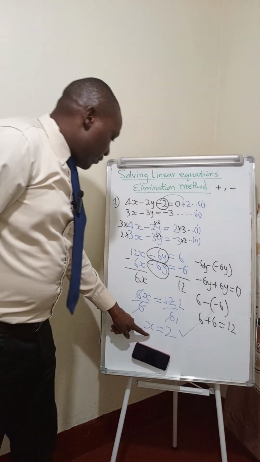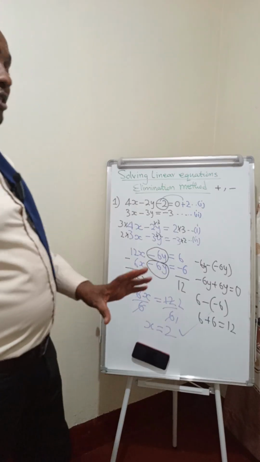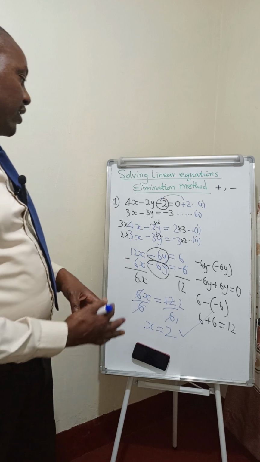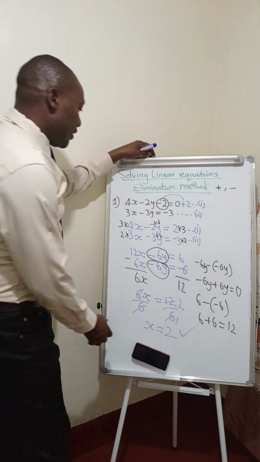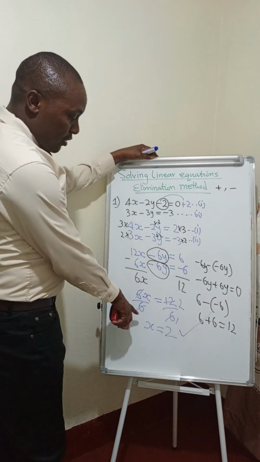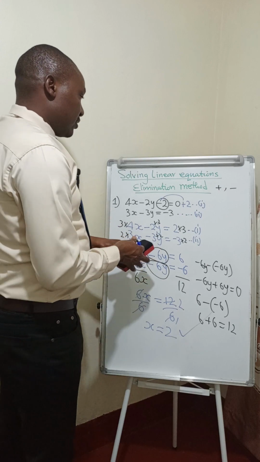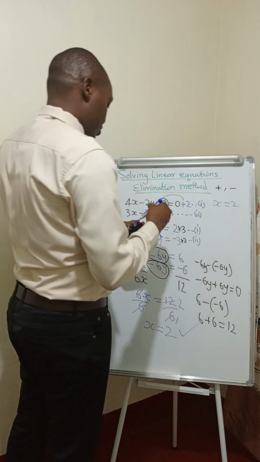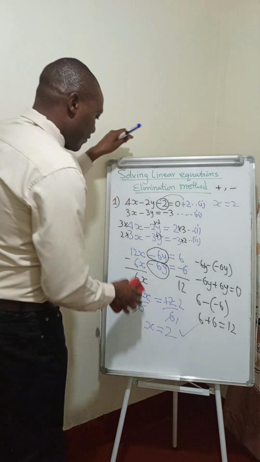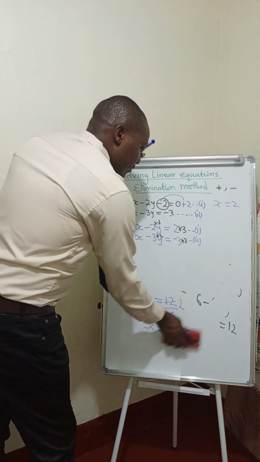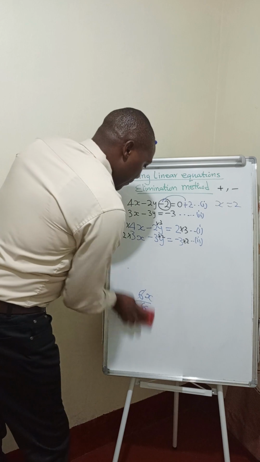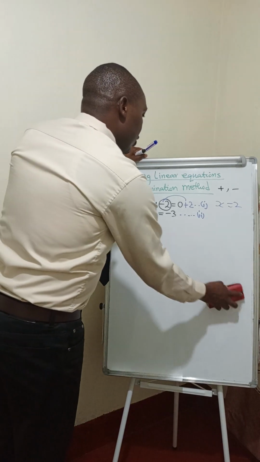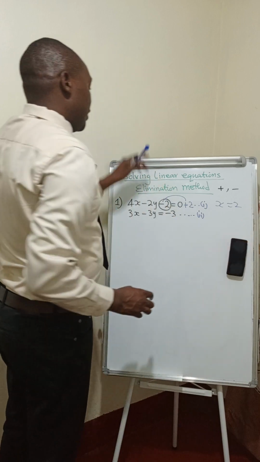Now, we have got the value of x, but we have to get the value of the two unknowns. How do you now get the value of the other one? We can pick any equation. The value of x is 2. So we need to get the value of y. How do we get the value of y, my learners? We just pick any equation here.